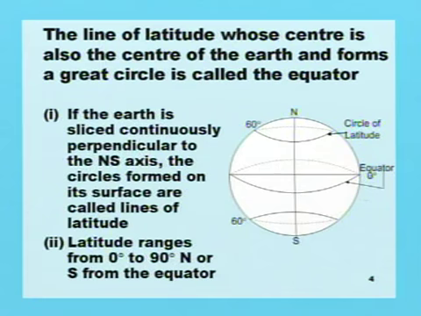If the Earth is sliced continuously perpendicular to the north-south axis, the circles formed on its surface are called lines of latitude. Latitude ranges from 0 degrees to 90 degrees north, or 0 degrees to 90 degrees south of the equator.